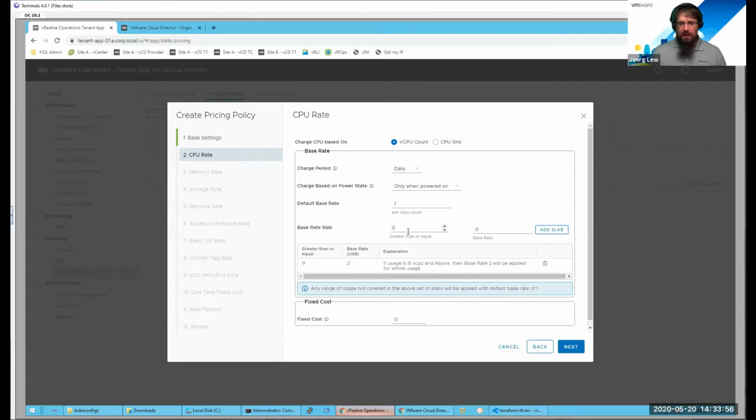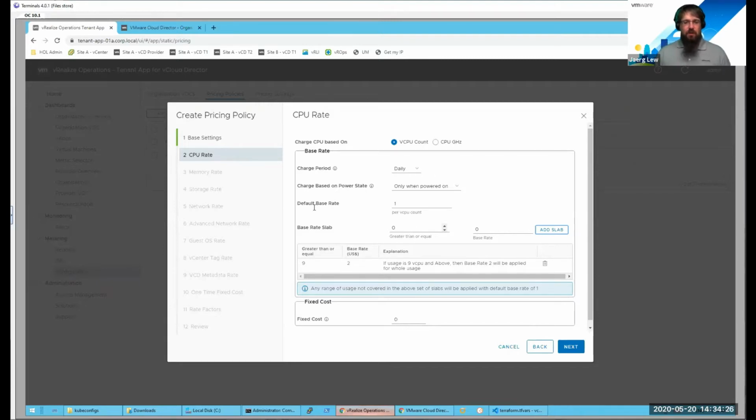So it's not a multiplier, but it's really a new base rate that is selected instead of the default base rate. That's correct. Okay. Yeah, so that's a common thing, I think, even based on feedback that we got from service providers, to be able to have some more flexibility in charging more for larger VMs because they just create more overhead and just cost more money in operating.